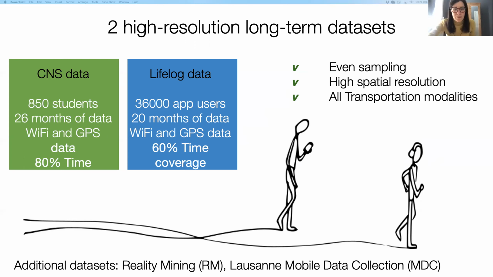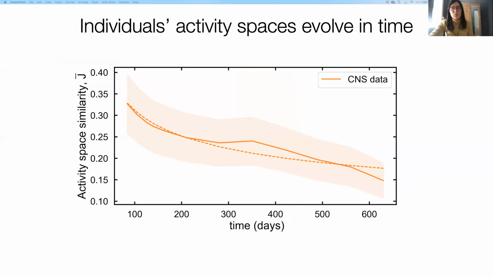Using these data sets, we were interested in how these activity spaces of locations change over time. And when we look at long time scales, we find that activity spaces do change. So exploration induces a change in our life. We're not static. We are predictable, but only to a certain extent, because things can change. What you can see here is the similarity between this set of locations measured at any given time, and then 100 days later, 200 days later, 300 days later, and so on.